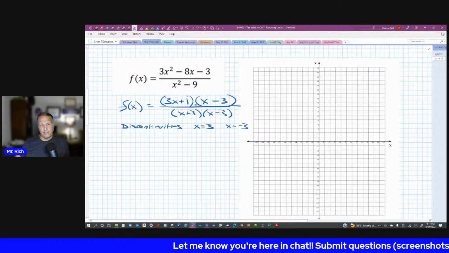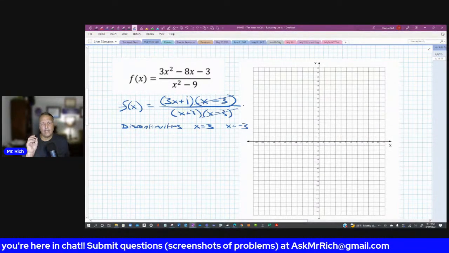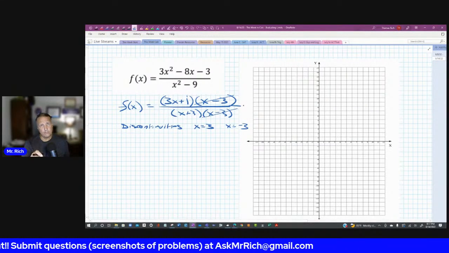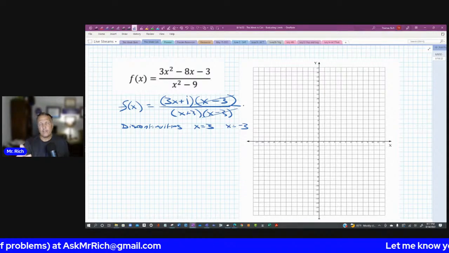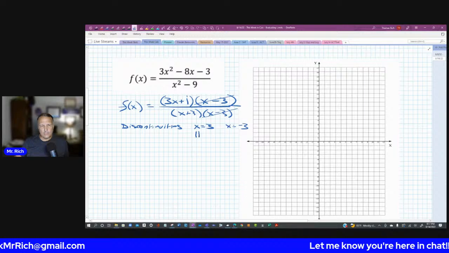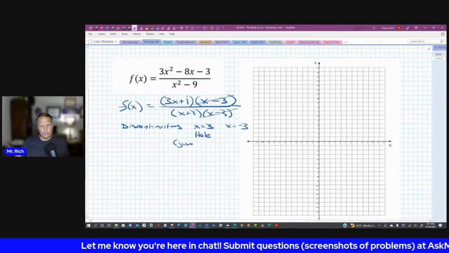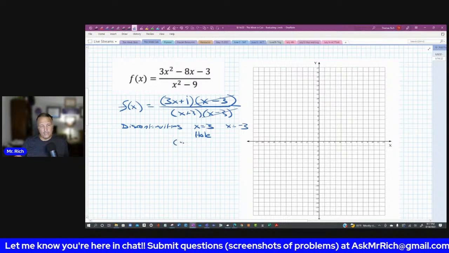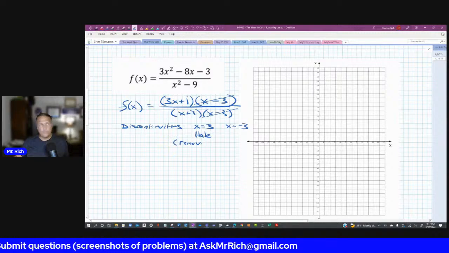Now, for the fact that I have an x minus 3 that would cancel the x minus 3 down there, that means that the 0 that's associated with x minus 3, which is x equals 3, is where I have a hole. So the feature that I have there is a hole, which means it's a jump, or I should say a removable discontinuity. So that's a removable discontinuity.